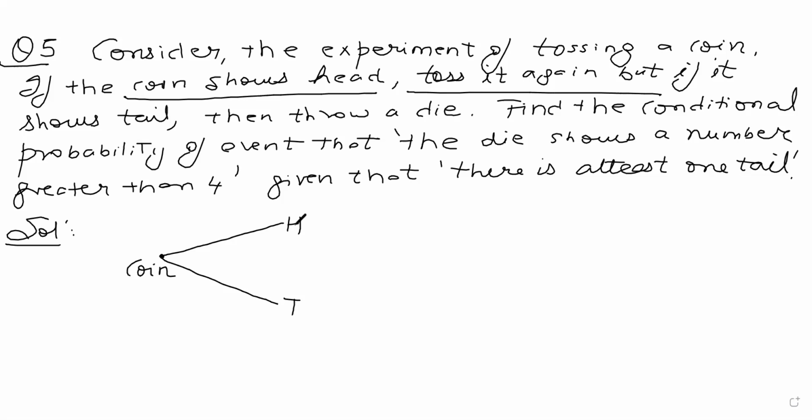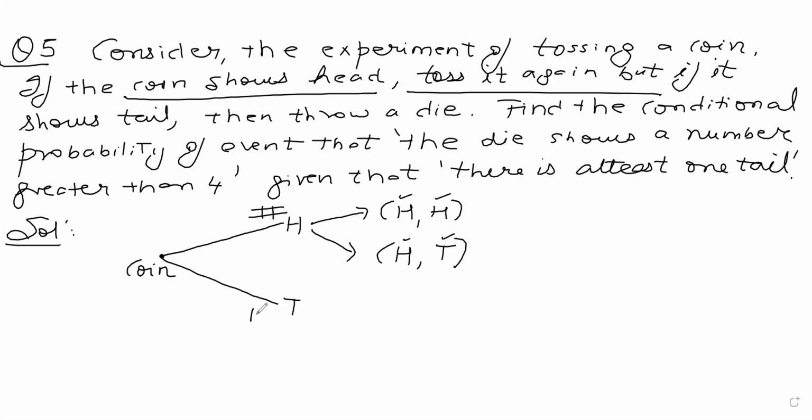Once I have got a head, I toss it again. Either I can get a head the second time or a tail the second time. Look at this, guys. Once we have tossed the coin, either I can get a head or a tail. If I got a head, I am going to toss it again, so either I can get heads the second time or tail the second time.